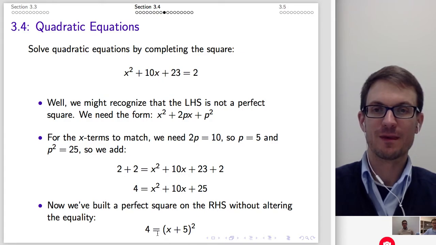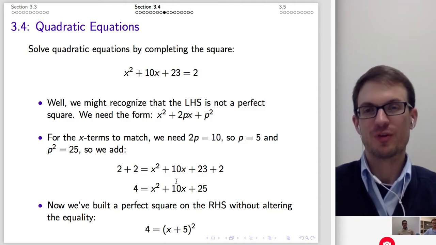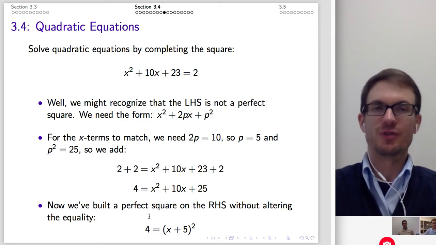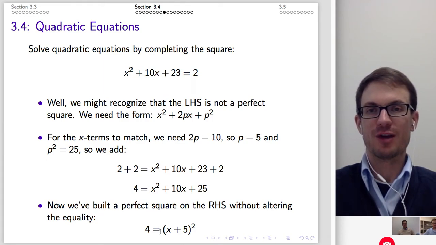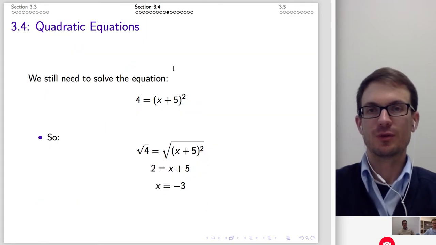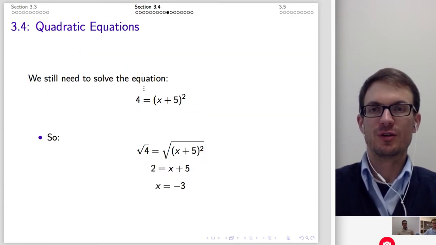We build a perfect square on the left-hand side without altering the equality. We have (x plus 5) quantity squared is equal to 4. We can solve the equation. Let's take the square root of both sides. And then solving, we have x is equal to minus 3.